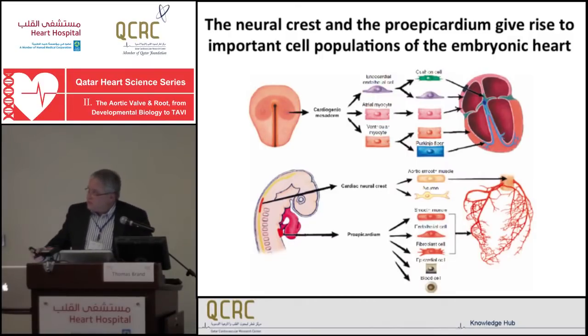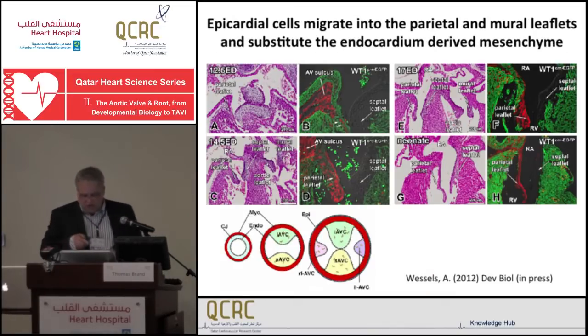I'm saying that to you because both cell populations, the neural crest cells and the proepicardial cells, contribute to the valves. This is shown here, in an experiment using again another Cre, which is now a Cre that is active in the proepicardium, shown here in red.